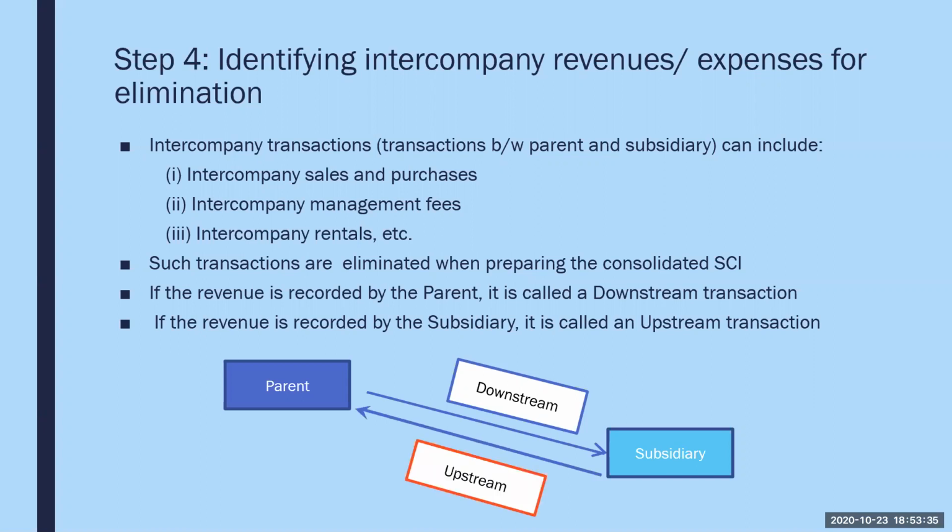This is important to note because the direction of the transaction will have a bearing on which part of the calculation an adjustment must be made. So if the transaction is downstream, we'll make an adjustment to the numbers for the parent company. If the transaction were upstream, then we'll make an adjustment to the subsidiary's numbers. So the directionality is important to note.